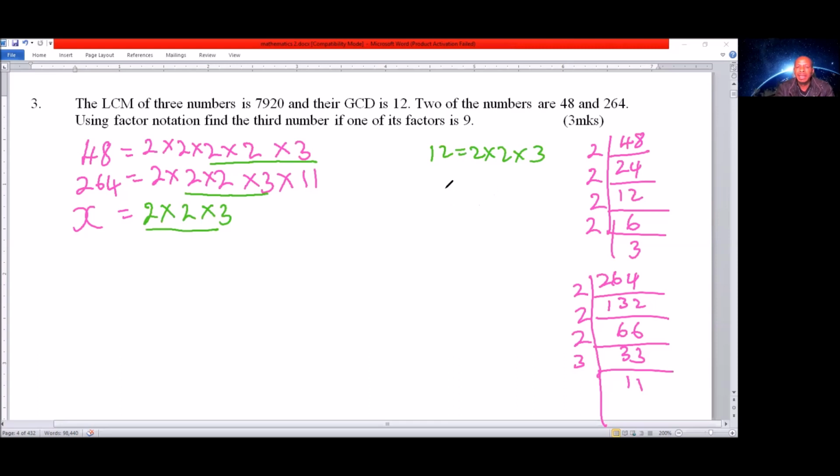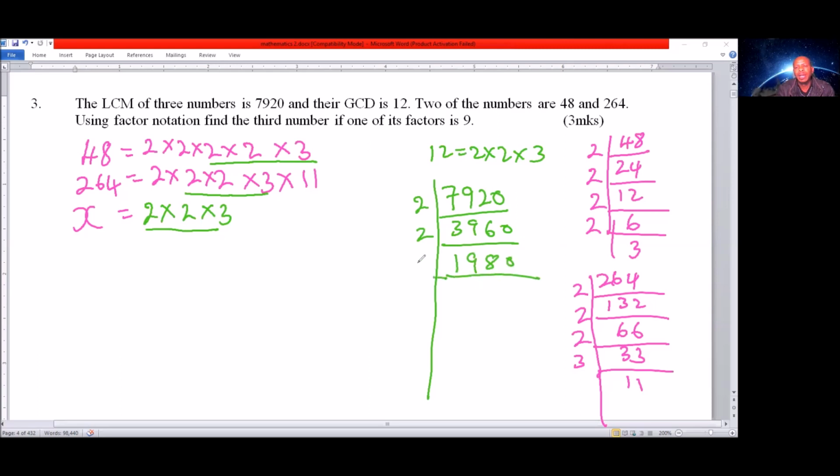Let's have a look at the factors of 7920. When you divide by 2, you get 3960. You divide by 2 again, you get 1980.